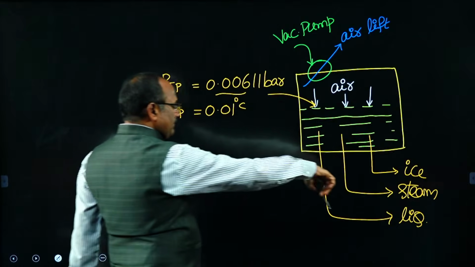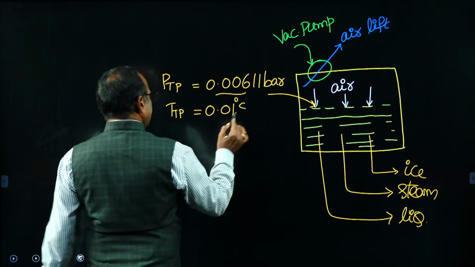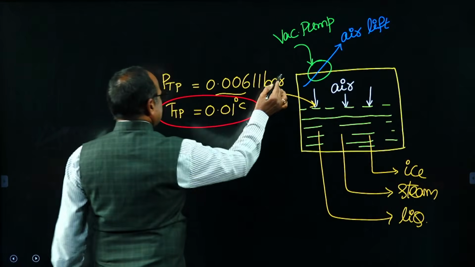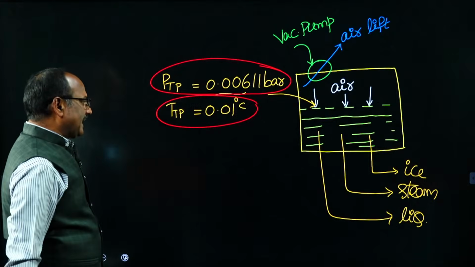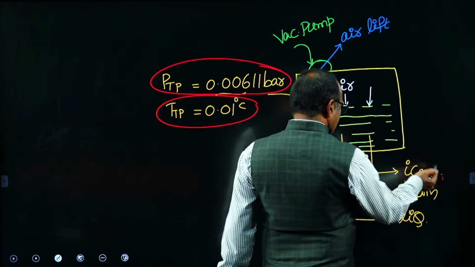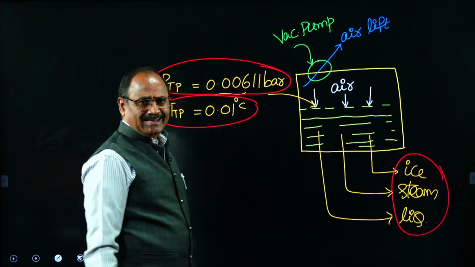This particular temperature we call the triple point temperature, and the corresponding pressure the triple point pressure. Since the three phases maintain the same temperature, the system is under thermal equilibrium, and the three phases maintain the same pressure. Equality of pressure means mechanical equilibrium, and there is no chemical reaction between these three phases. Therefore, the system is under chemical equilibrium.